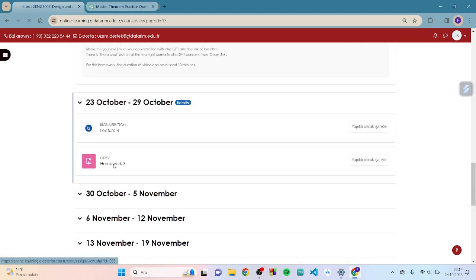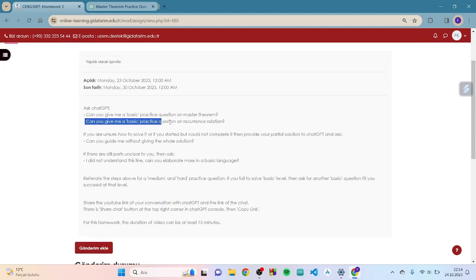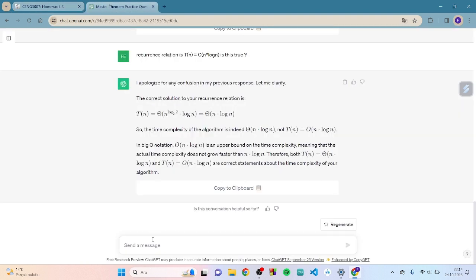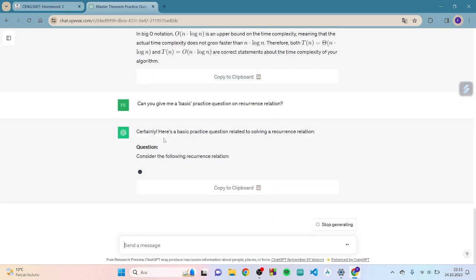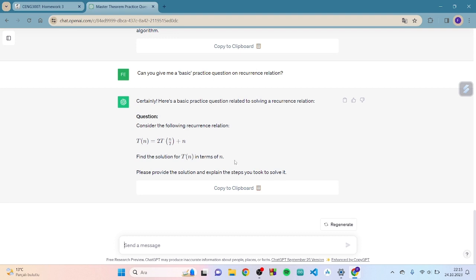For homework, can you give me a basic practice question on recurrence relations? The question is this one: find the solution for T(n) in terms of n.